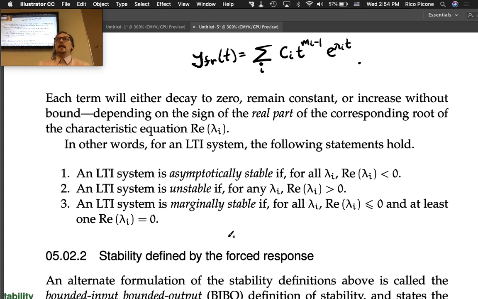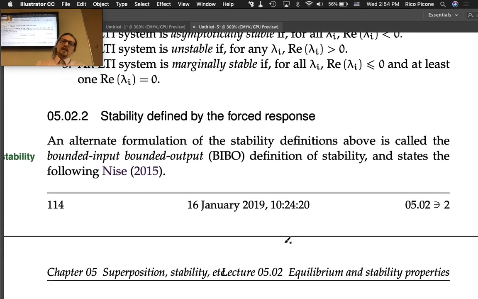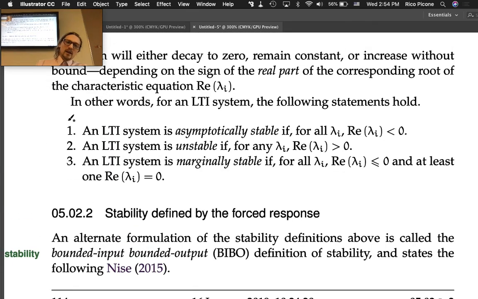So if you have any root of your characteristic equation that has a positive real part, then you are in trouble. You have an unstable system. And an LTI system is marginally stable if for all of the lambdas, the real part's negative or 0, and at least one of them has to actually be 0. This is the one that we should use in most cases. It's the one that's boiled down to the sort of meat of what we need.